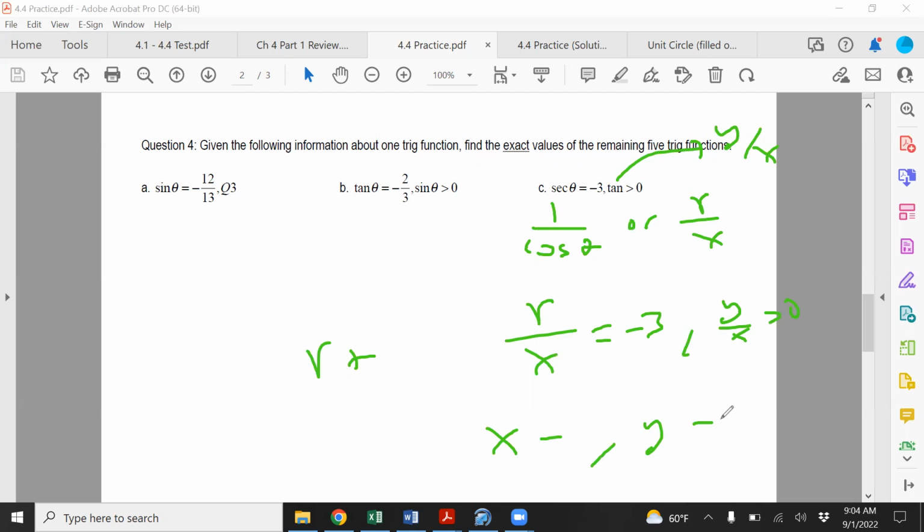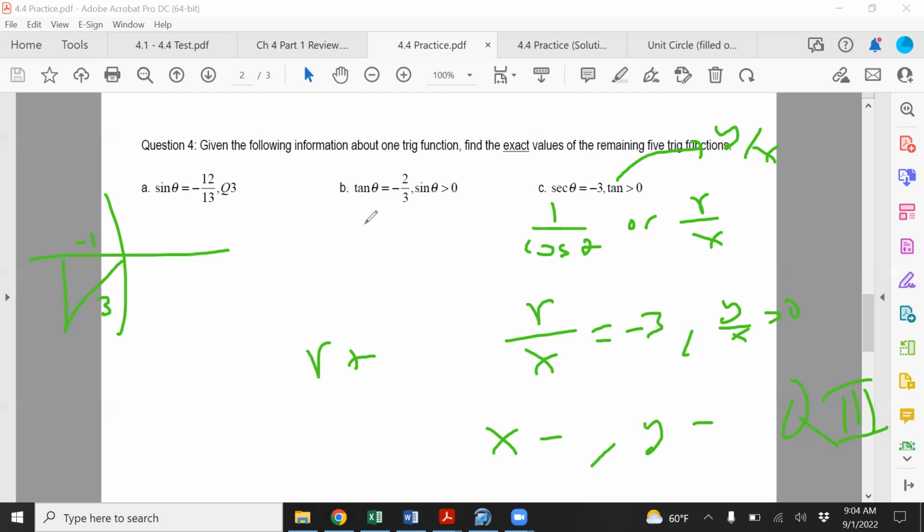All right, let's focus. So you're in Q3. If you're in Q3, you're going to say your r is 3 then, and your x is -1. Why?